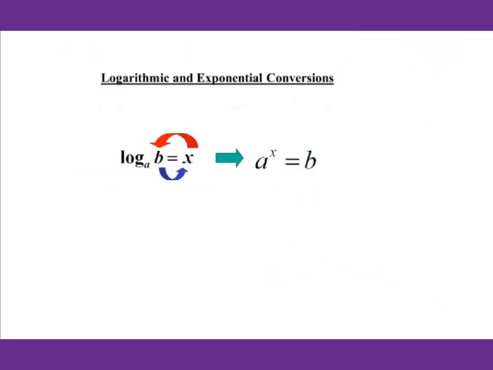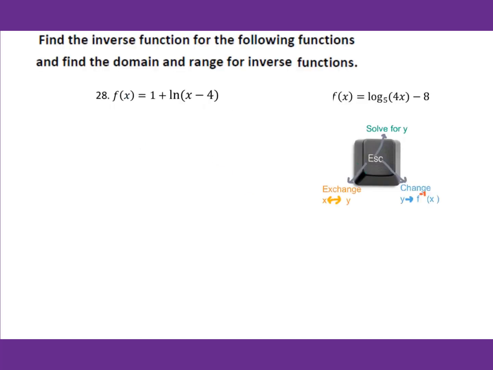When we look for the inverse function of a logarithm function, we got to use this conversion. Remember, base won't change, so we got a to the x power equals b. Now let's go to 28. For 28, still, we need to exchange x, y. f of x means y.